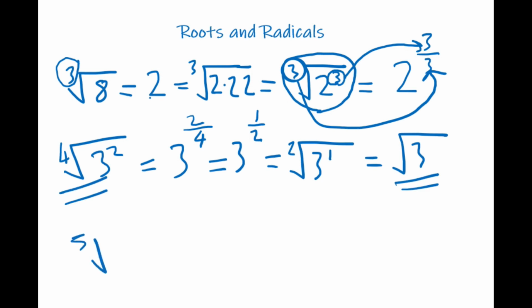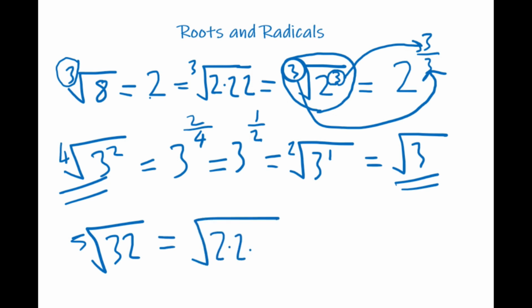Another example, let's say the fifth root of 32. If you remember, 32 is 2 times 2 times 2 times 2 times 2. If you multiply five 2's by itself, it's gonna be 32.